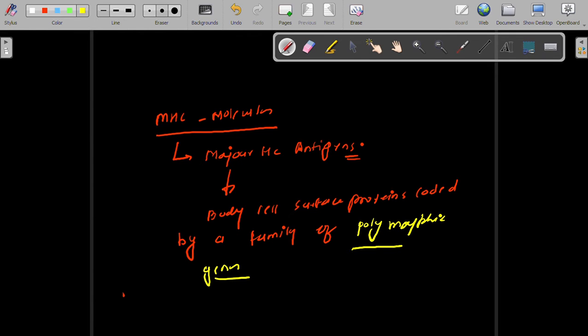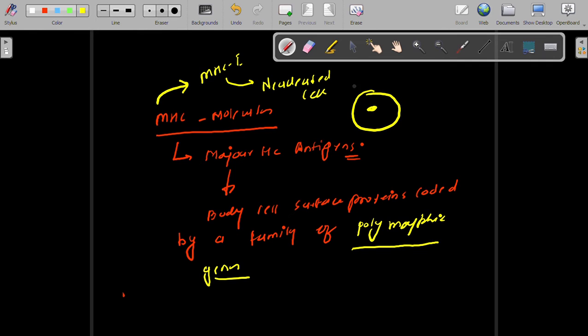These are highly polymorphic, and we have already learned that MHC class 1 is found in all nucleated cells, and MHC class 2 is found in APCs, that are B cell, dendritic cell, and macrophages.